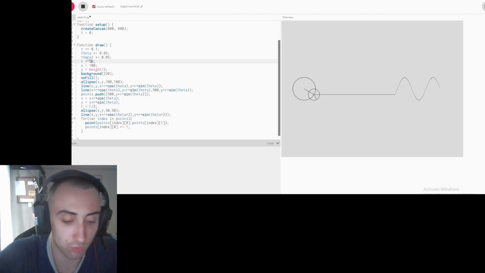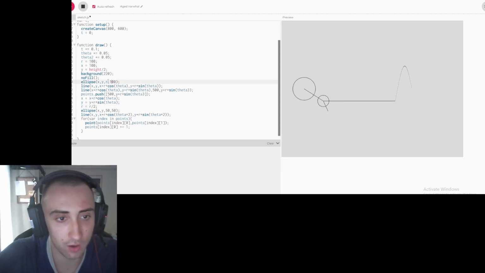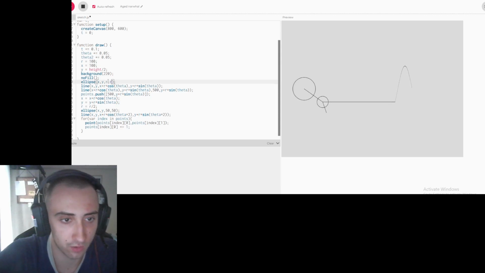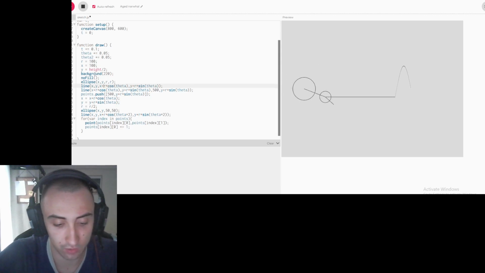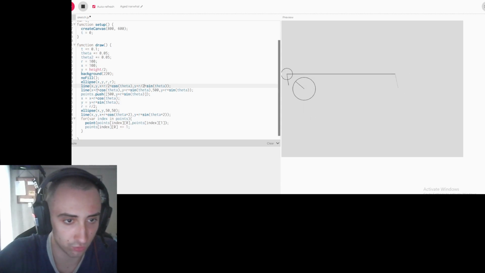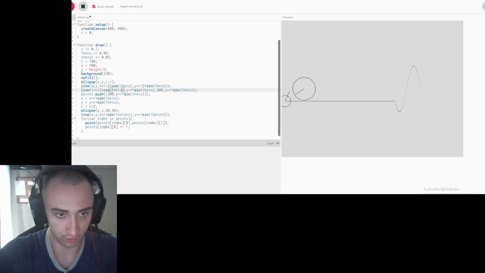So actually r will equal 100, and then r divided by 2, r divided by 2, r divided by 2.